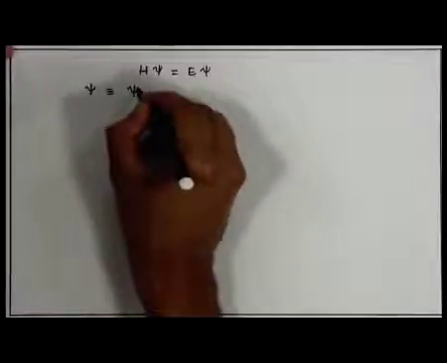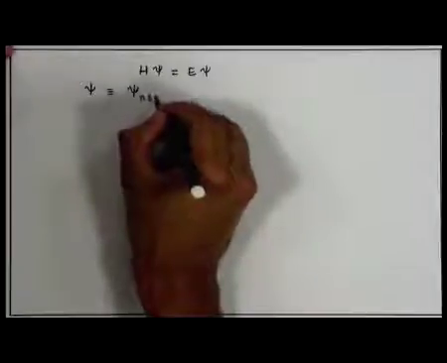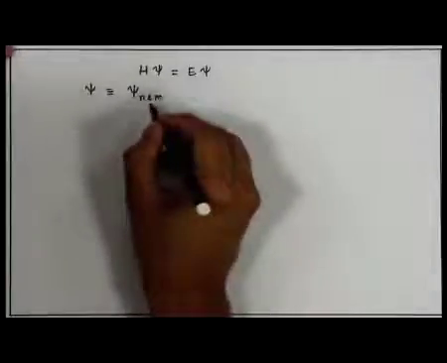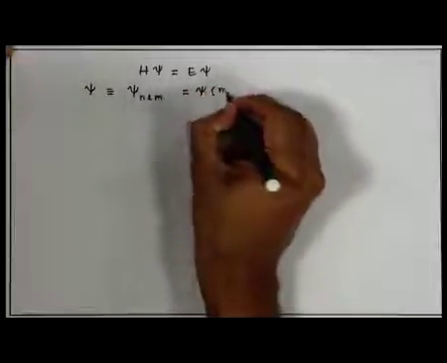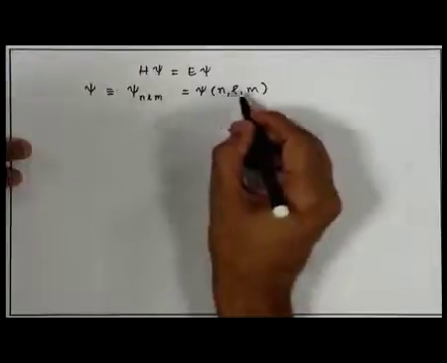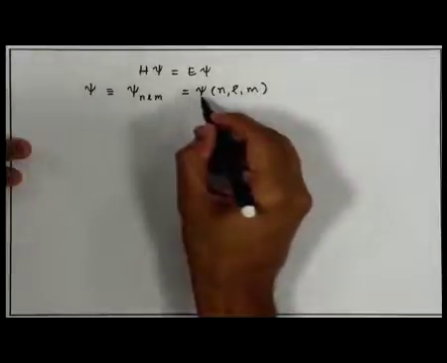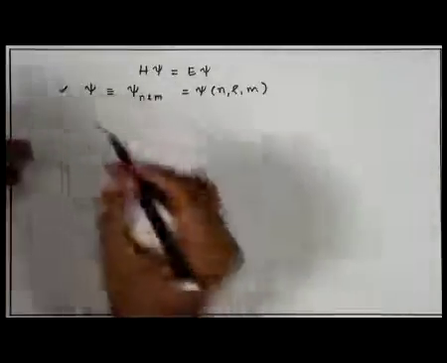So, the wave function therefore is a function of n, l, m. These three quantum numbers are there in this wave function. So, this simply means the wave function depends on n, l and m. If you have different n, l or m, you will have a different form of the wave function. We got to know this.